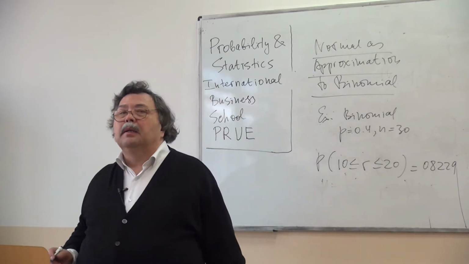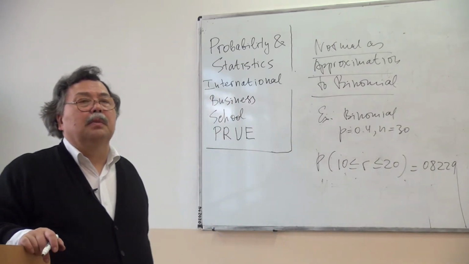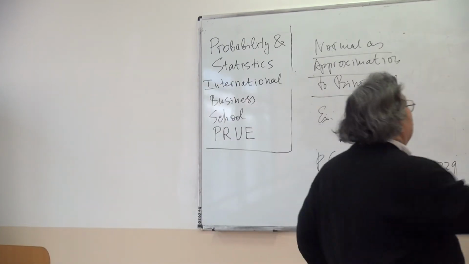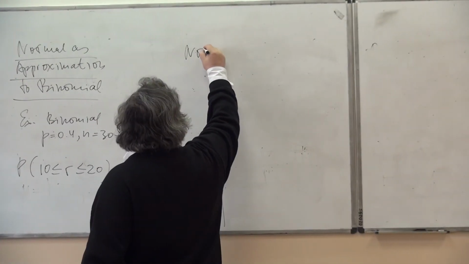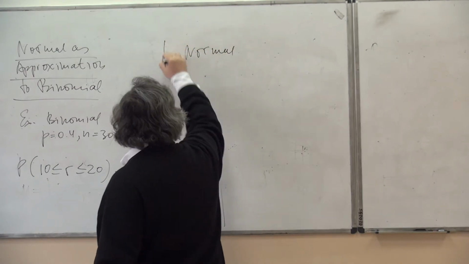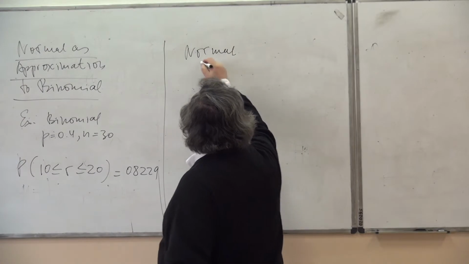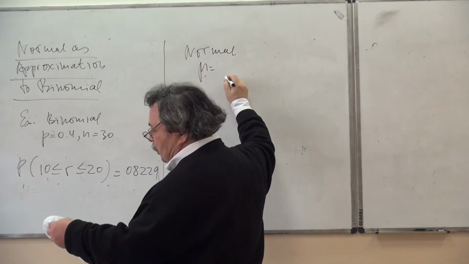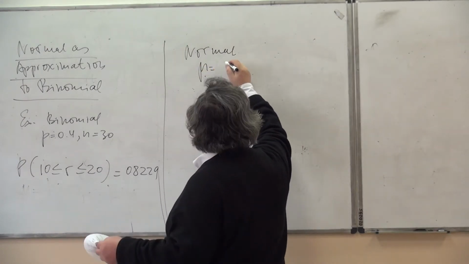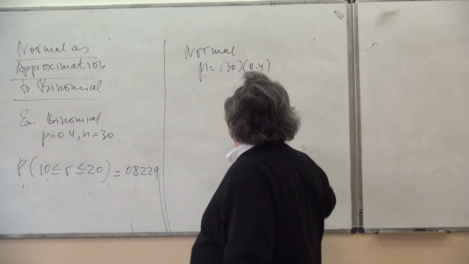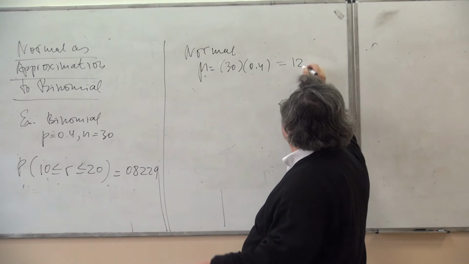On the other hand, we can compare this binomial distribution to a certain normal distribution. And the normal distribution here has mu equal to n times p, which is 30 times 0.4, which is 12.